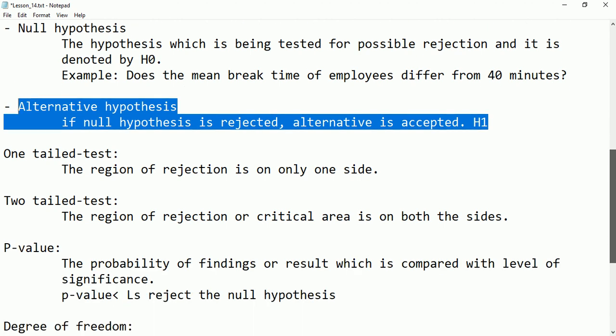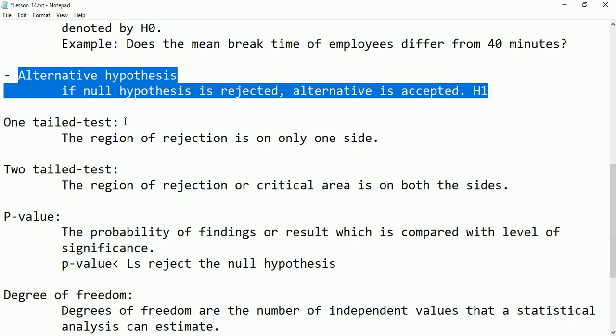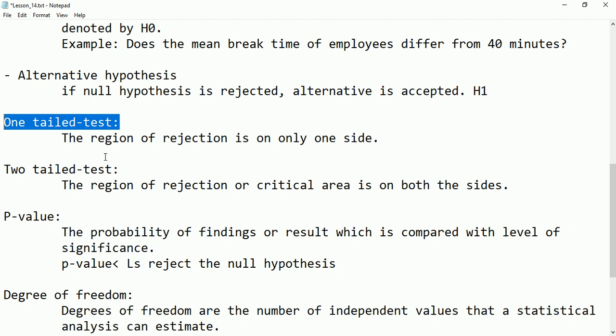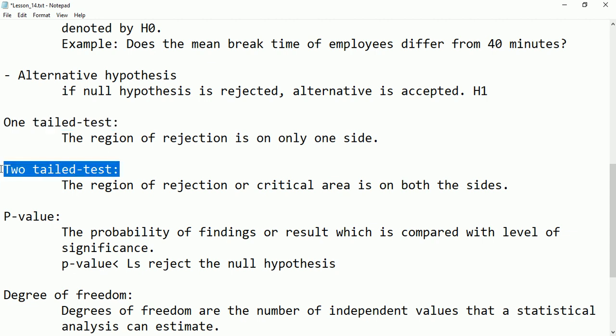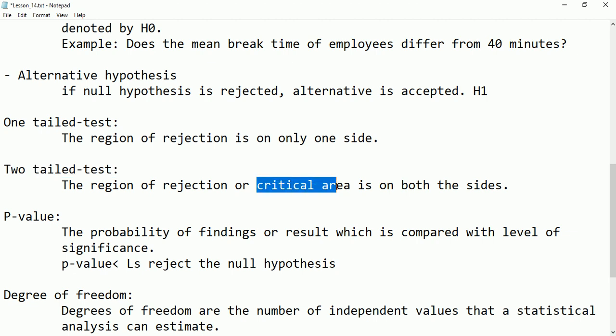And some other things we have to know in testing. We have one tail test and we have two tail test. If the data is normally distributed, friends, then we will have a two tail test. We will have critical regions or areas on both sides of the normal distribution, the margins that we have on two sides.